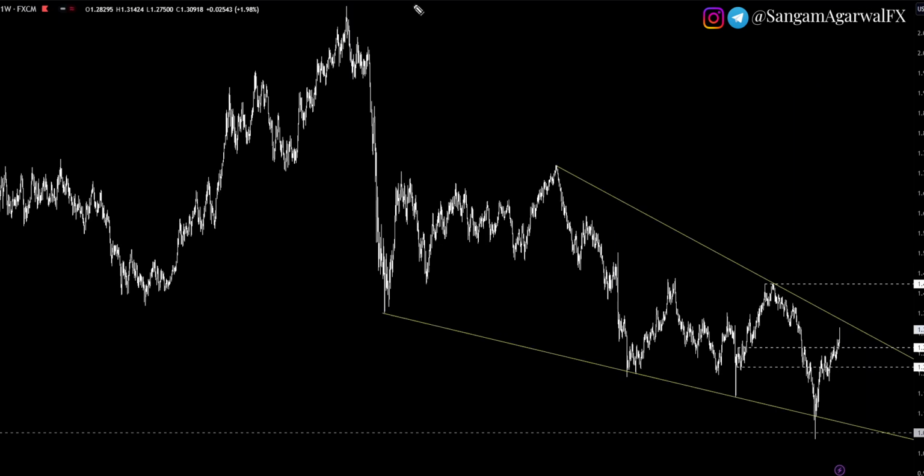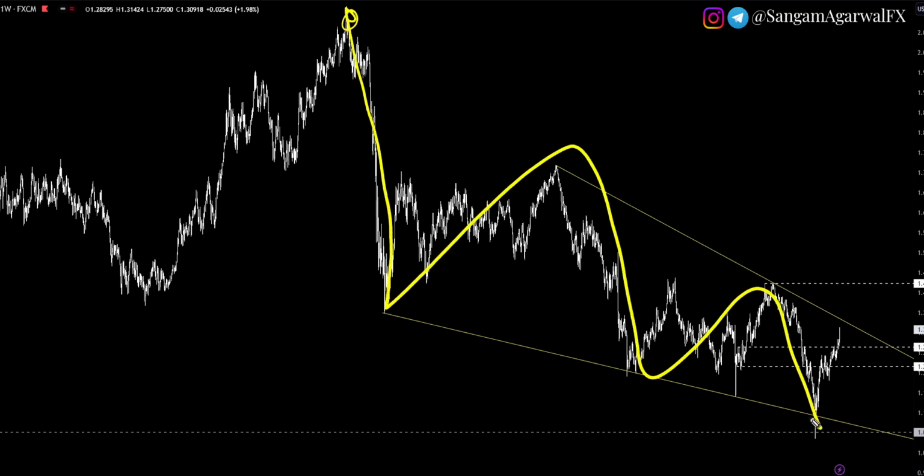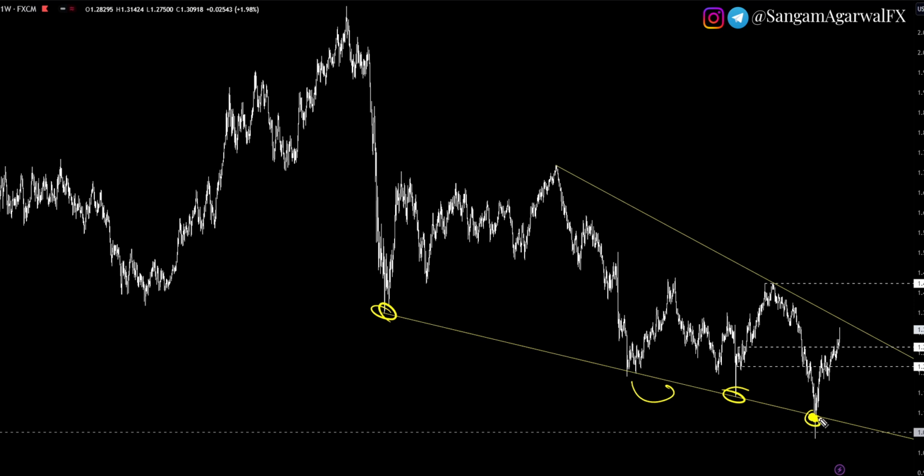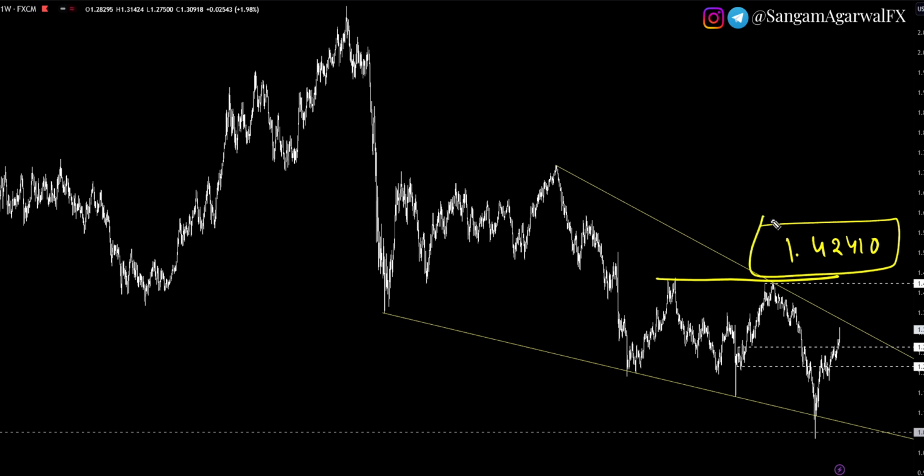And if you see the weekly time frame, this pair was coming down. So after a retest of this long-term trend line, the next target will be a retest of this upper yellow trend line, because on the weekly time frame there is no resistance before 1.4241, and I do not believe in soft landing.